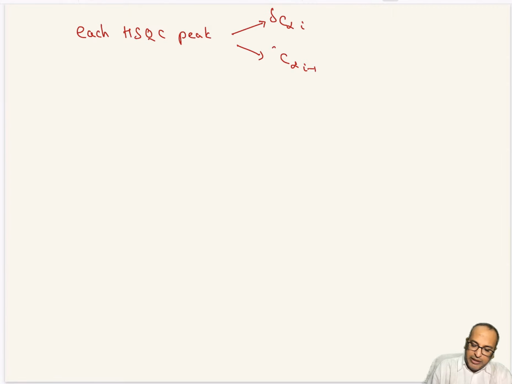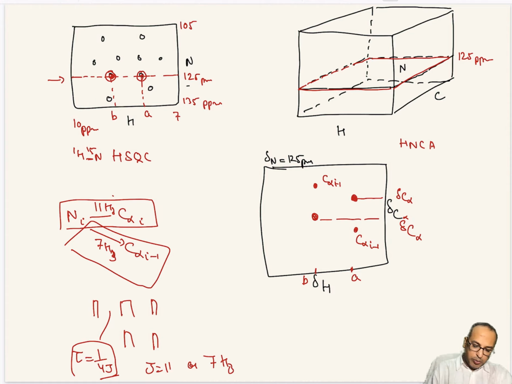So you have the delta values of it, right? Now what you can do is compare these C alpha I minus 1 values and C alpha I values to match which of these two peaks are in sequential connection to each other.